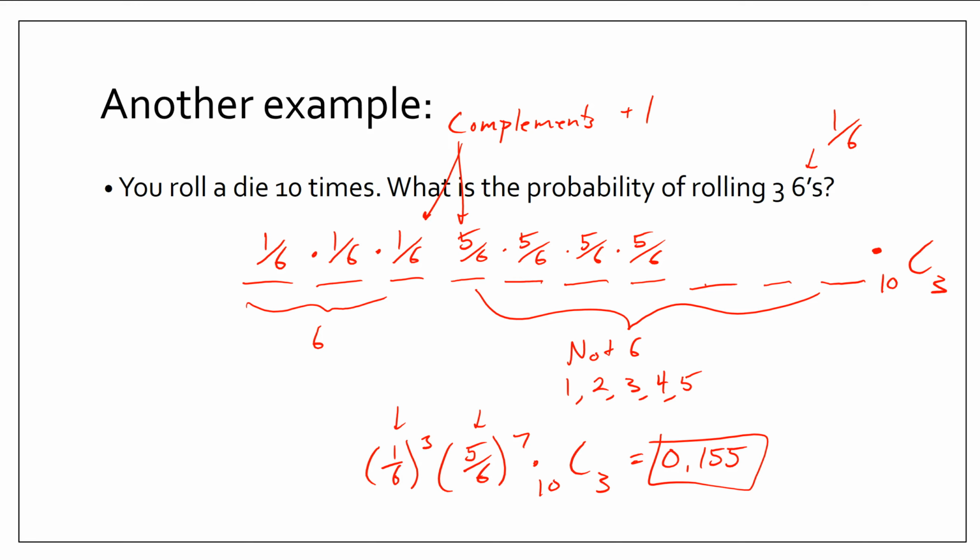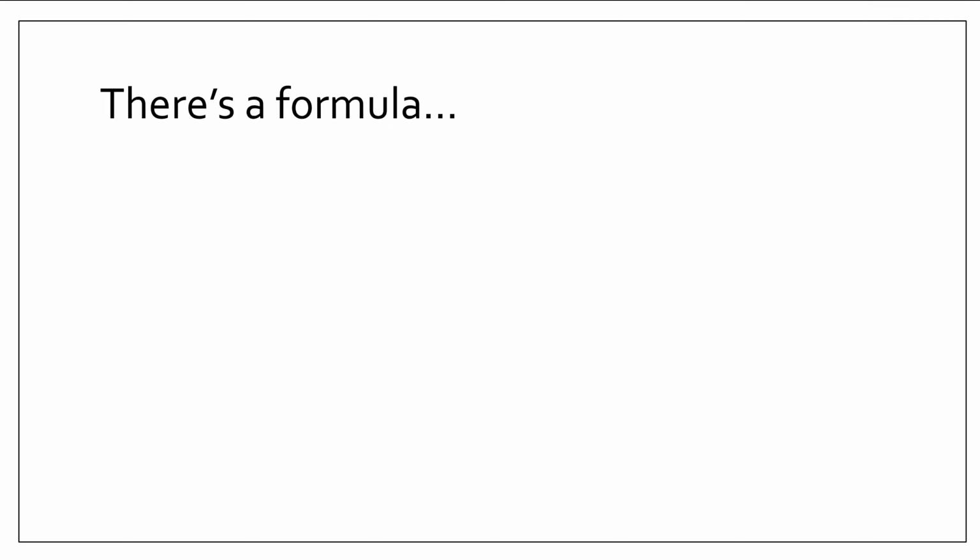Interesting. Now, if this is all confusing, thinking about it intuitively like this, I want to give you a formula that you can use. So here's the formula. If you want to calculate a binomial probability, here's the formula. P to the x times q to the n minus x times n combination x.